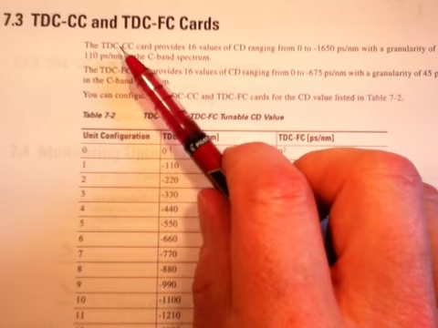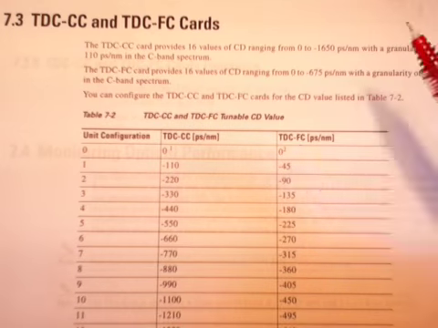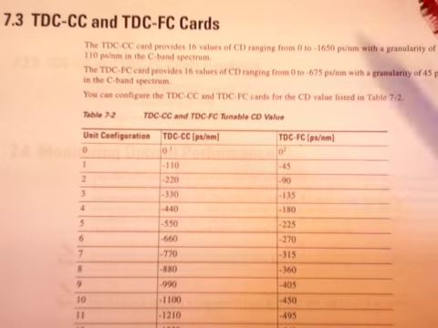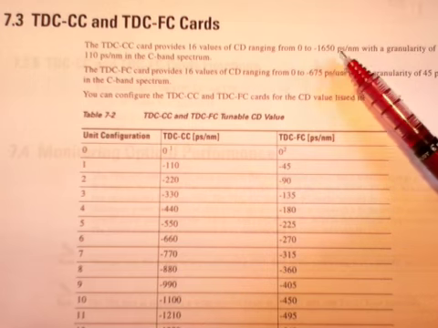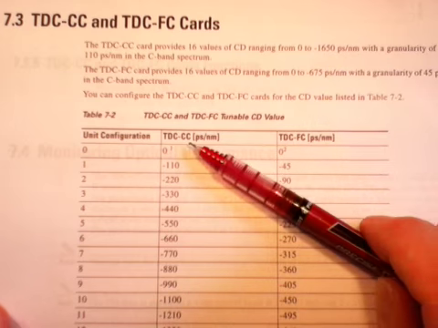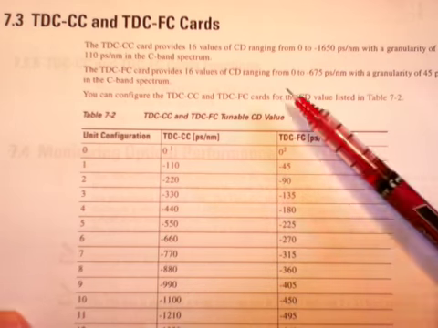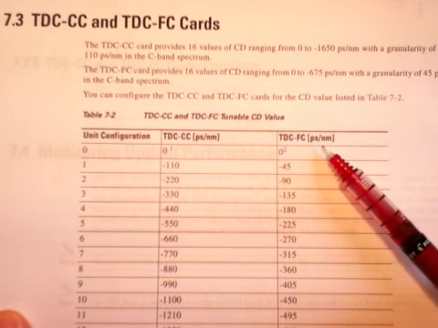So it's the TDC. And each one of the cards can give 16 different values of chromatic dispersion, ranging from 0 to negative 1650 picoseconds per nanometer on the TDC-CC, and ranging from 0 to negative 675 on the TDC-FC.